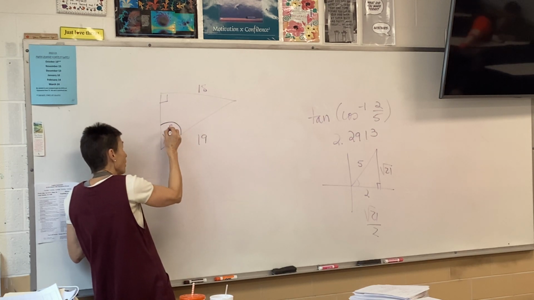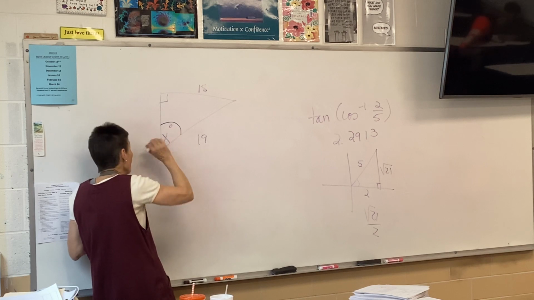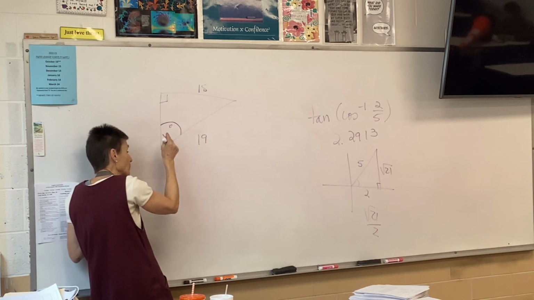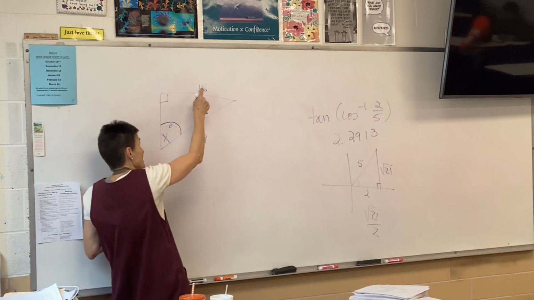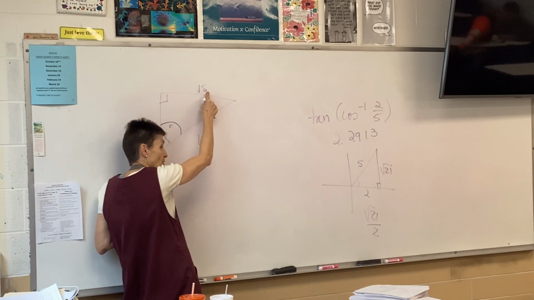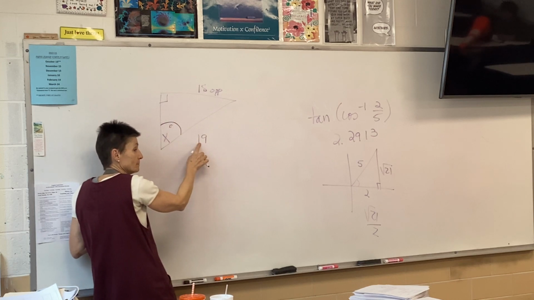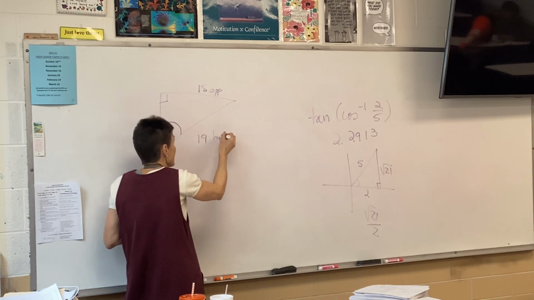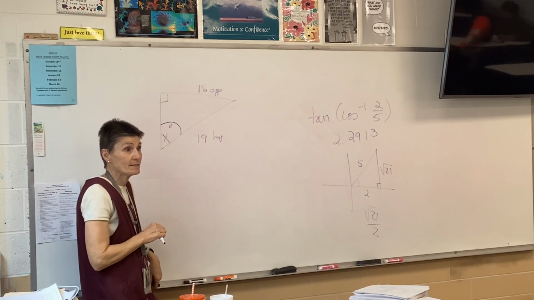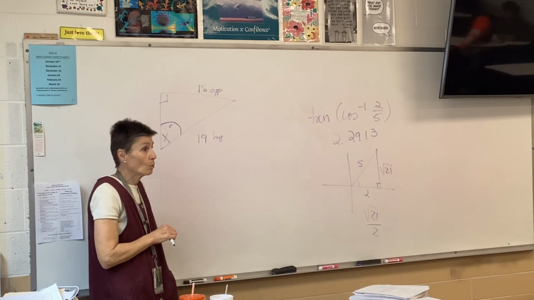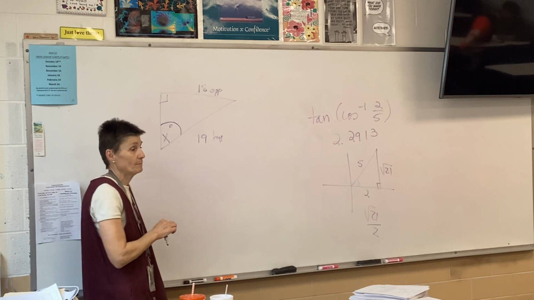So with regard to this angle, no other angle, I don't care about the rest of them, that one right there. This is which side? Opposite, adjacent, or hypotenuse? That's opposite. What's this one? Hypotenuse. If those are your sides, then your function is going to be sine.